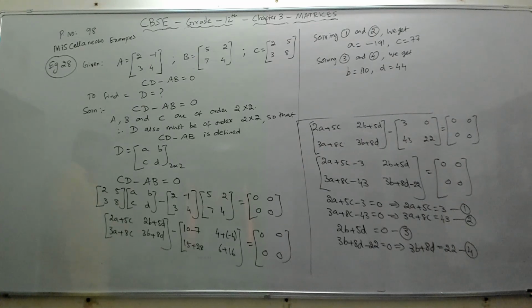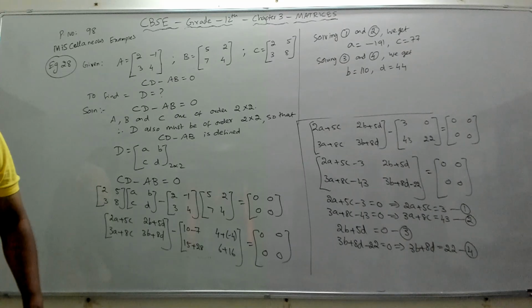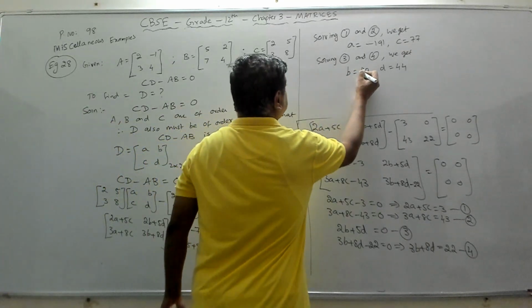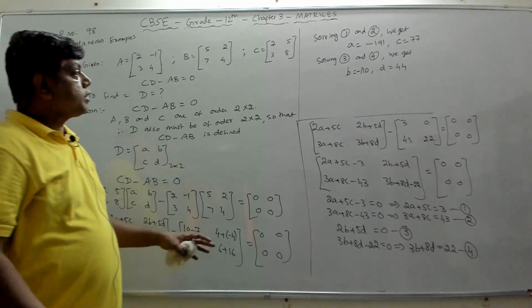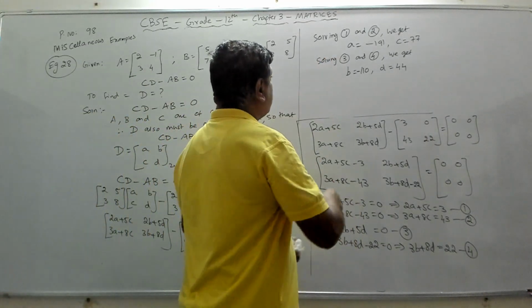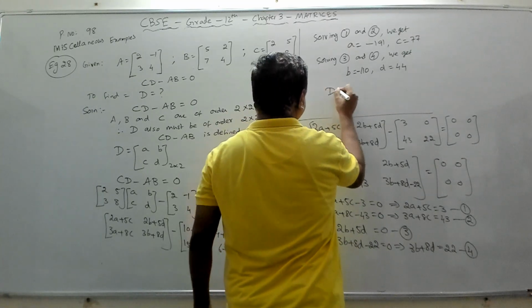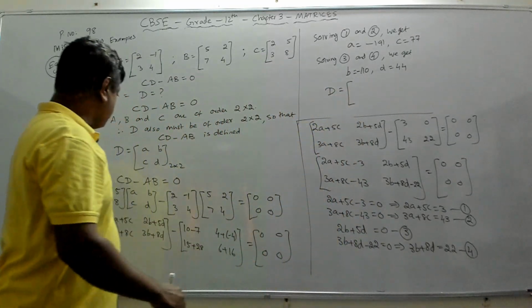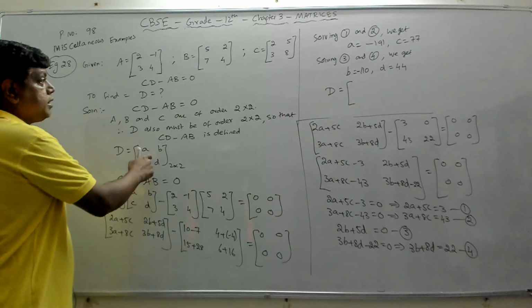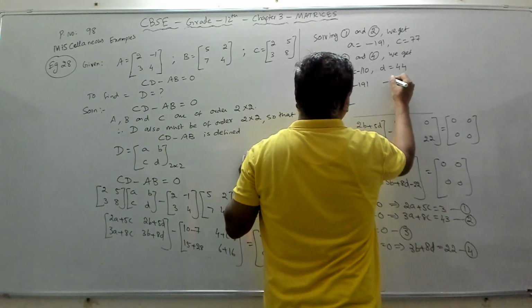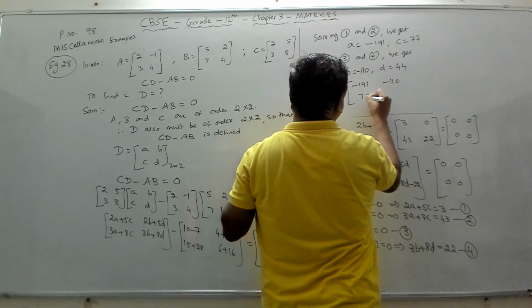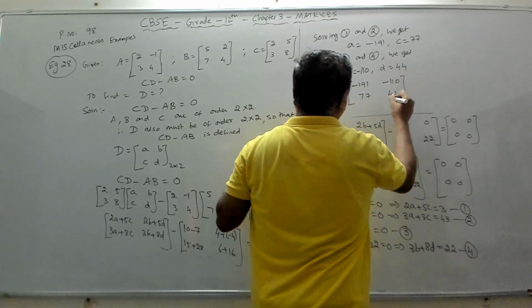Fine. So now if you solve these four equations, you'll get this. So you got a, b, c, d. So what is your matrix D? Matrix D is this one, a, b, c, d. Substitute the values: a is minus 191, b is minus 110, c is plus 77, d is plus 44.